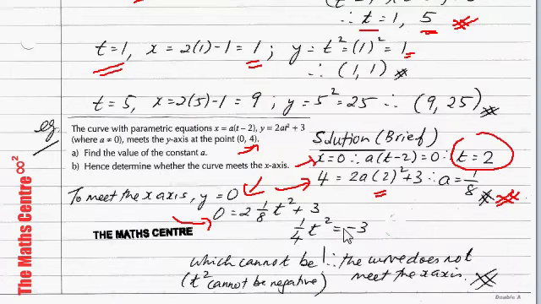This cannot be. Or if you like, you can write this as t squared equals negative 12. So when you square something, you cannot get a negative number. Therefore it cannot be. Therefore this curve does not meet the x-axis.